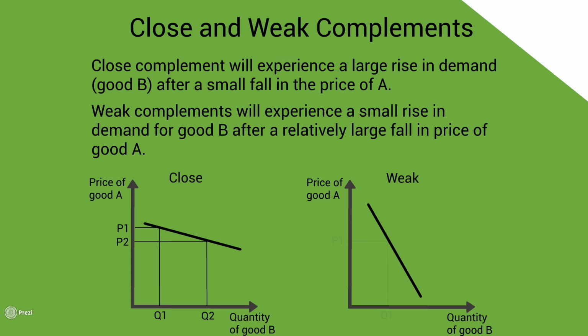This is because the same decrease in the price of good A results in only a small increase in the quantity demanded for good B. As the value for cross-elasticity of demand approaches 0 from a negative number, the line becomes steeper.